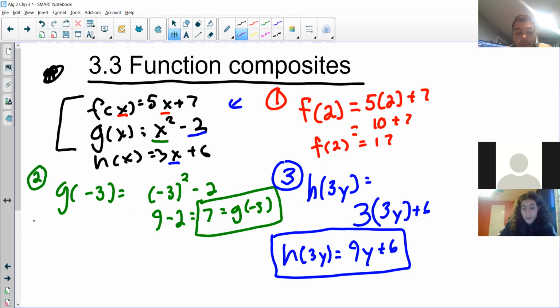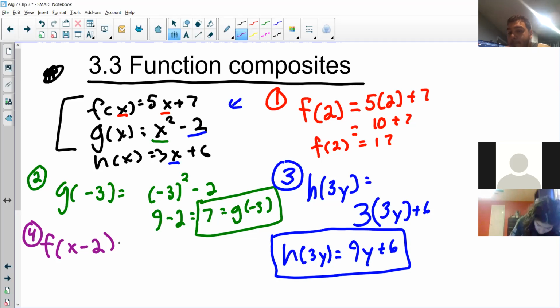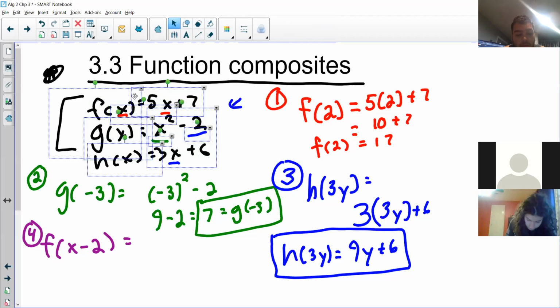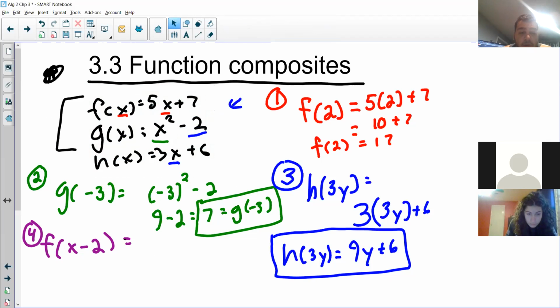Another example of this, number 4. F of x minus 2. That means every x here is going to be replaced with x minus 2.